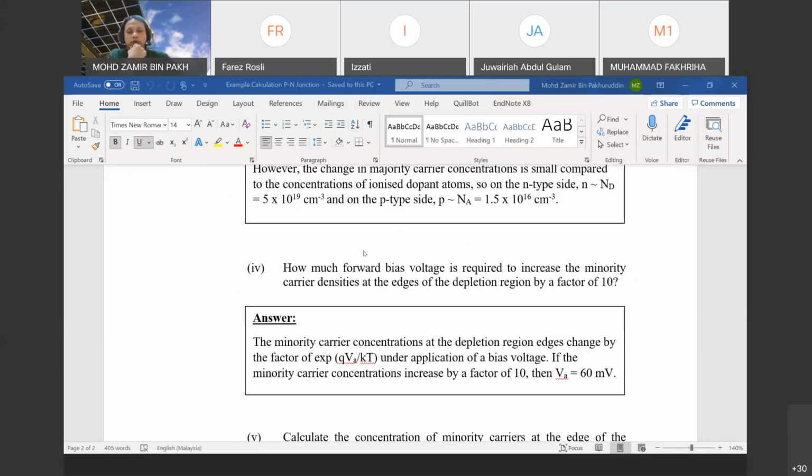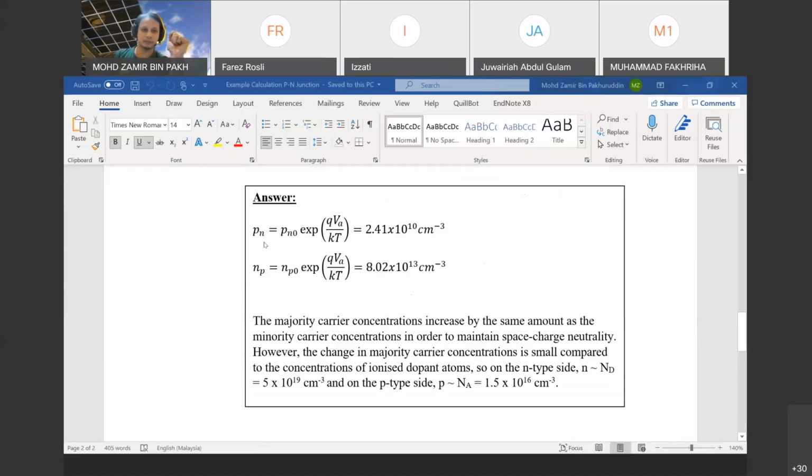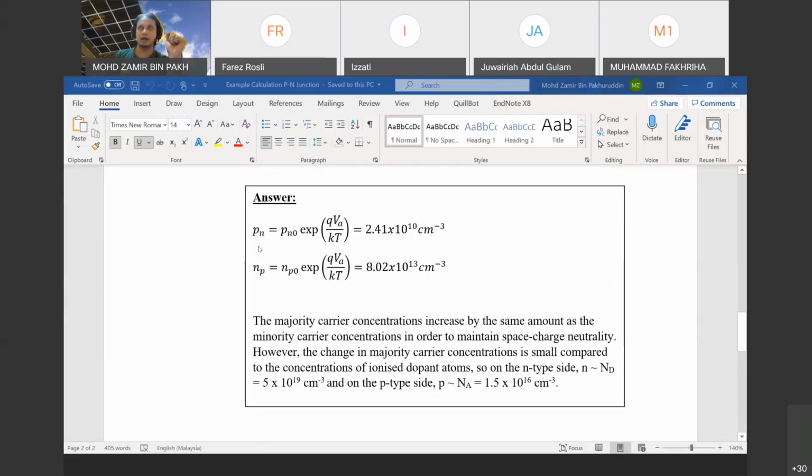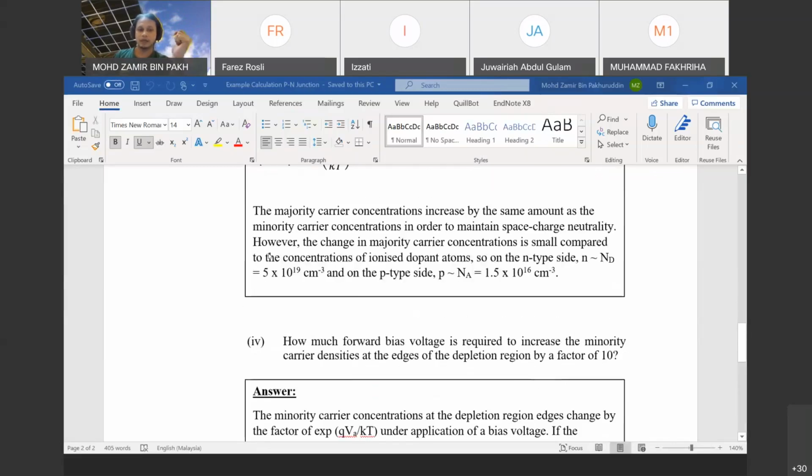So what you have to do is ratio the new concentration. The new concentration is not given, right? But we know that the ratio is 10 times higher. So if you look at the previous equation, the ratio of Pn over Pn naught is 10 times.